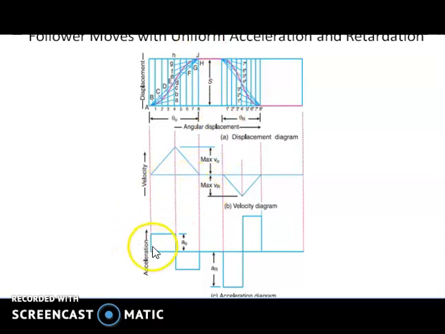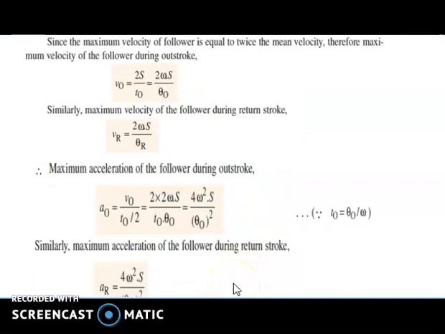Since it moves with uniform acceleration, it reaches the velocity, maintains the same acceleration, then it dips to the negative, maintains the same acceleration, and reaches 0. And then we derived the expression for maximum velocity of the follower during outstroke and return stroke, and maximum acceleration of the follower during outstroke and return stroke.